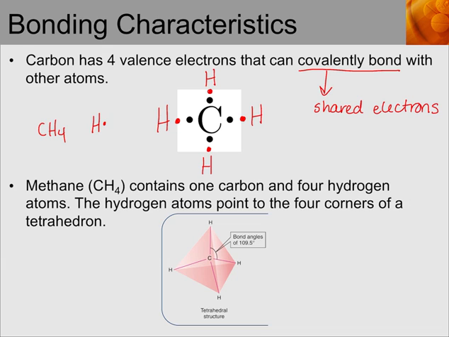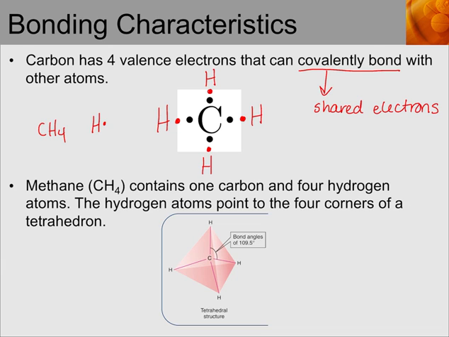So methane, again, contains one carbon and four hydrogen atoms. The way we drew it up above, it looks like they're all 90 degrees apart, but in actuality, those hydrogen atoms, which are considered electron groups, they want to be as far apart from each other as possible.